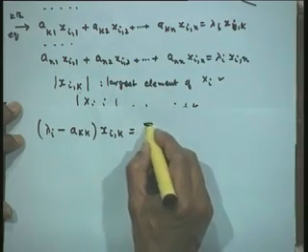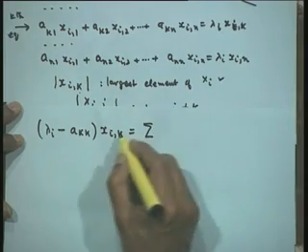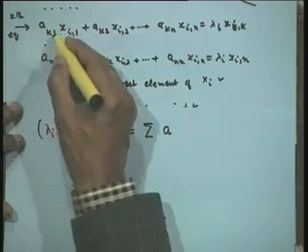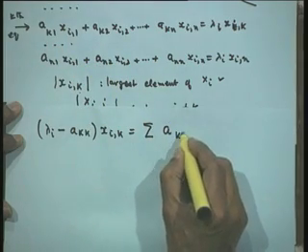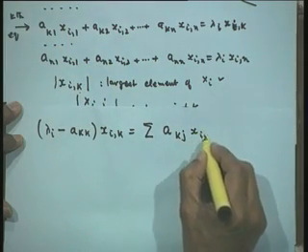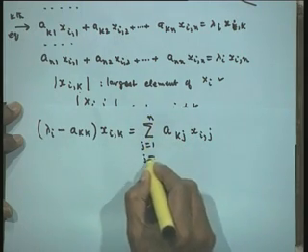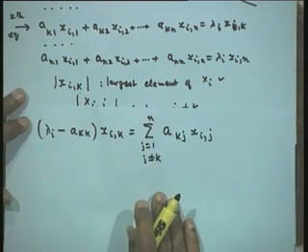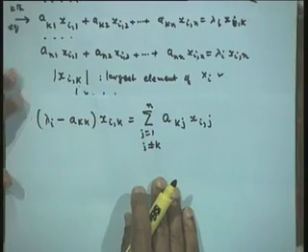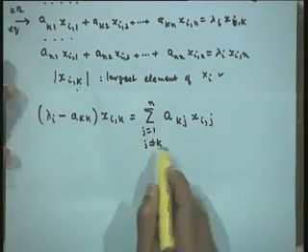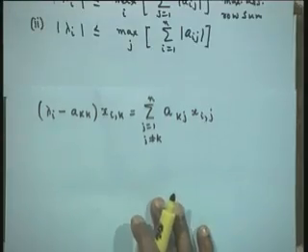Then I will write the remaining elements of this particular row in summation notation: akj x_ij, j is 1 to n, j not equal to k. I have taken all the elements written here except the term corresponding to j equal to k.